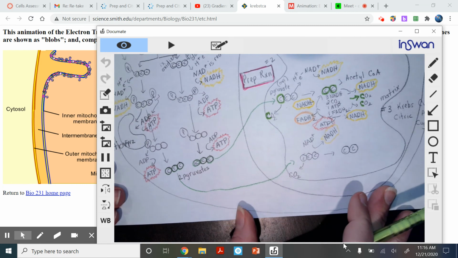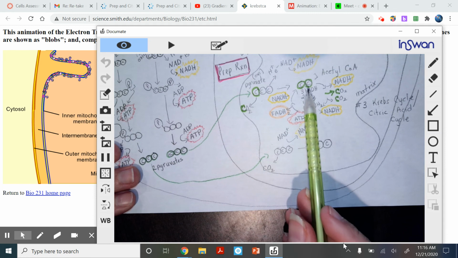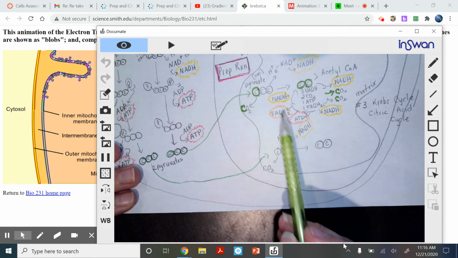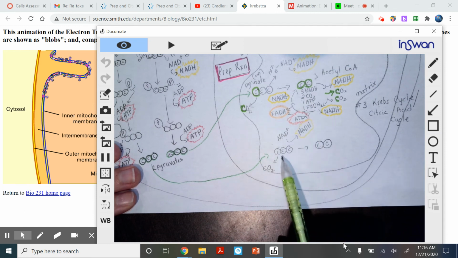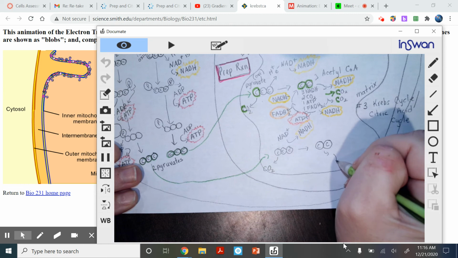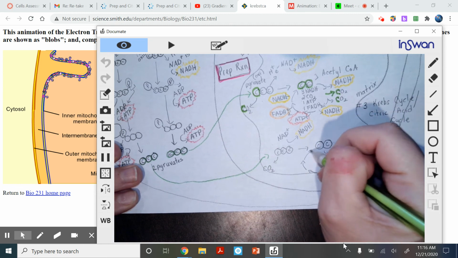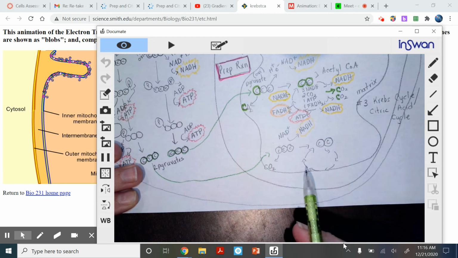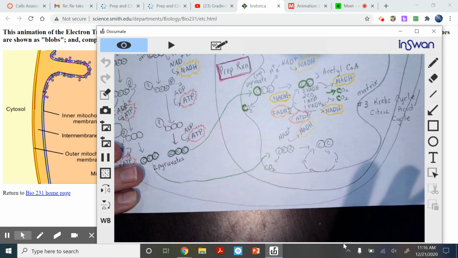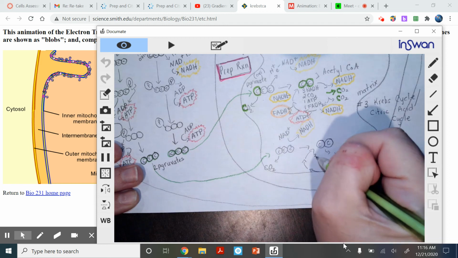Okay. Now, I'm not going to draw this whole thing out again, but I want you to note here. Remember, we had 2 pyruvates, so both of them made an acetyl coenzyme A. So why don't we just make sure you understand that from 1 glucose, we get 2 turns of the Krebs cycle.